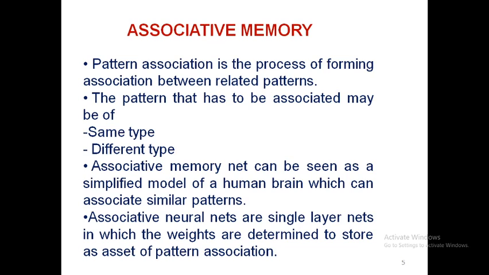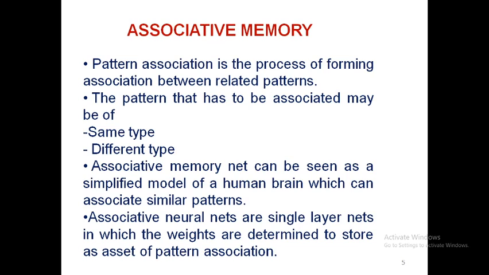Even in the neural network, if you give a 1 by 6 vector as an input, and you get a 1 by 6 vector as the same output, then that is the same type of pattern recognition.